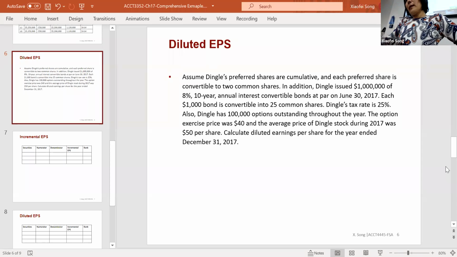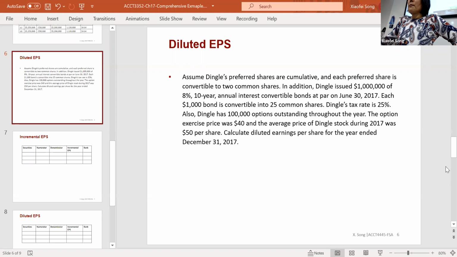And not only that, it's also convertible. Each preferred share is convertible to 2 common shares. In addition, Dingo issued 1 million of 8% 10-year annual interest convertible bonds at par on June 30th, 2017.